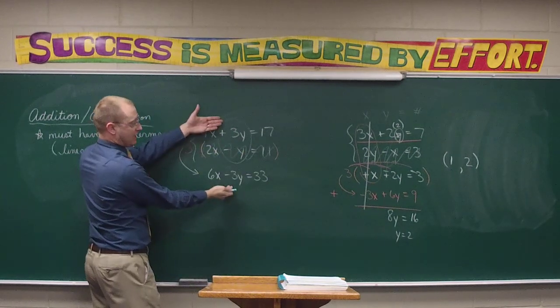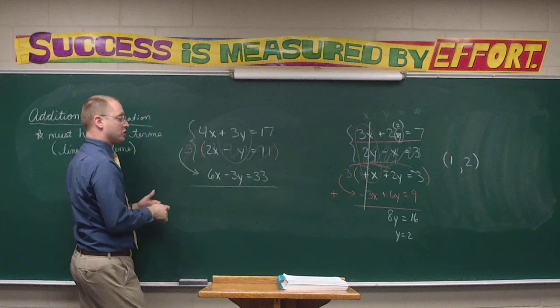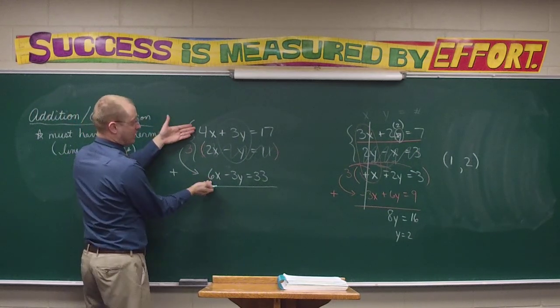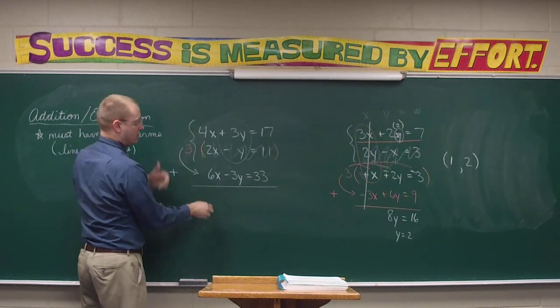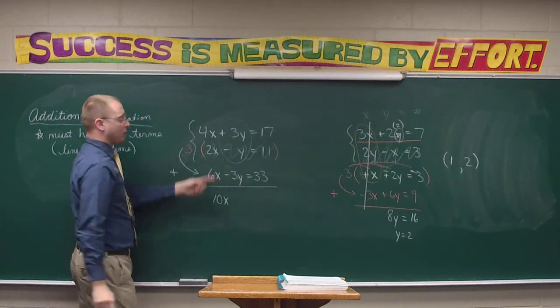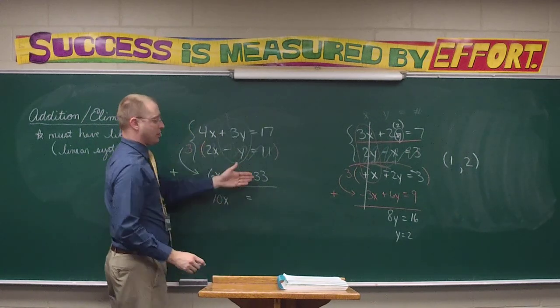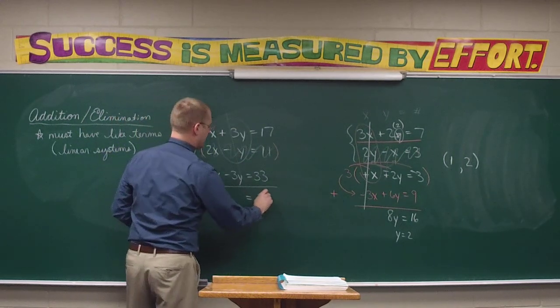And now my 3y and negative 3y line up. I'm ready, class, to do what to the two equations? Add them. And when I add them, the x becomes 10x. The y's cancel. And over here, 17 and 33 gives me 50.